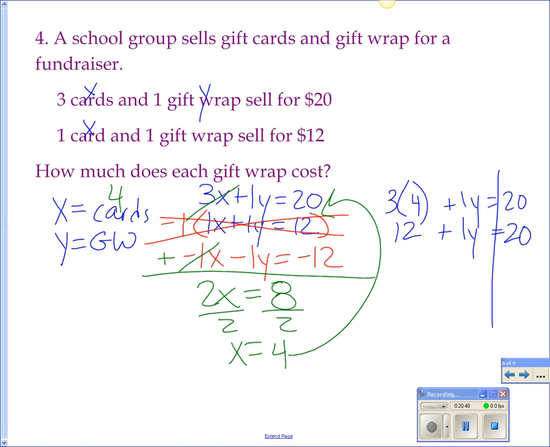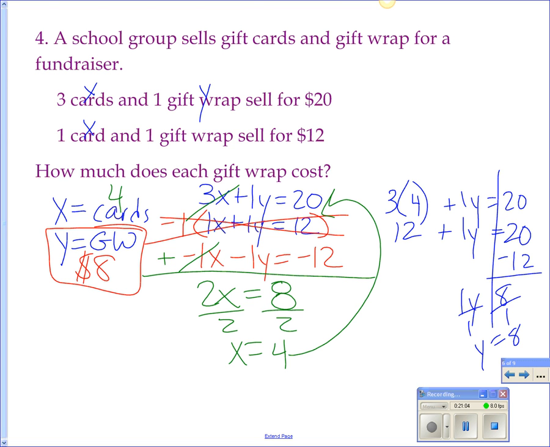It's 12. All right, and make it negative 12. So that gives you 8. When you divide by 1, Y is 8. So that means gift wraps cost $8. That's the final answer. Make sure you circle the one they're asking for.